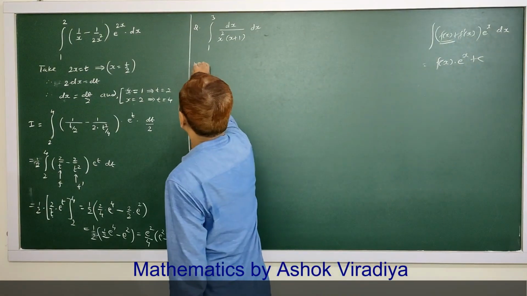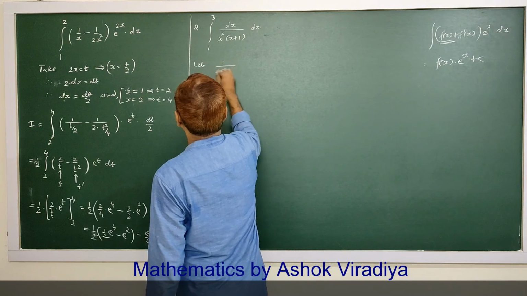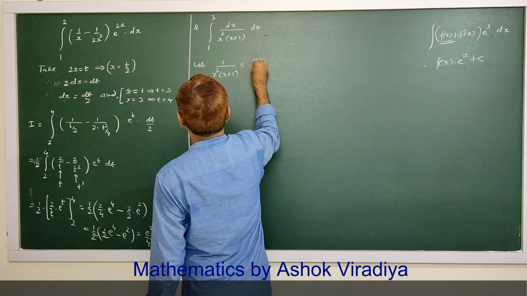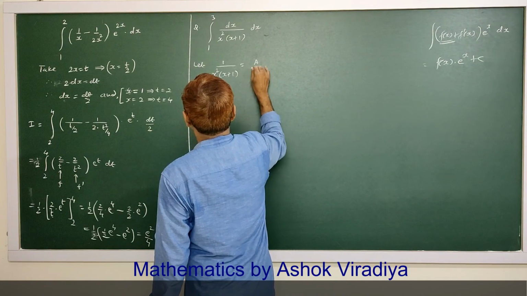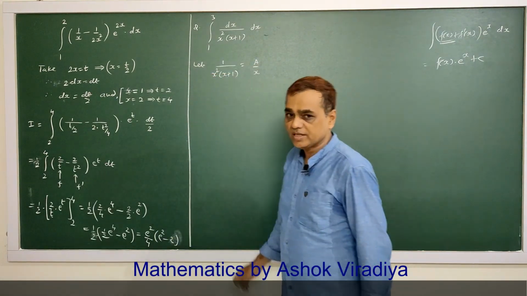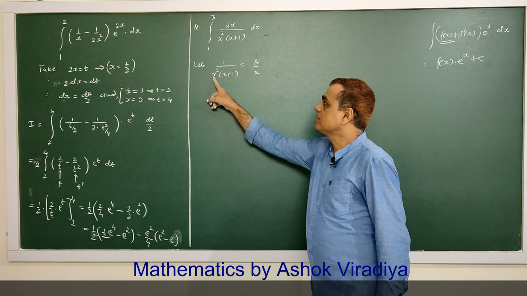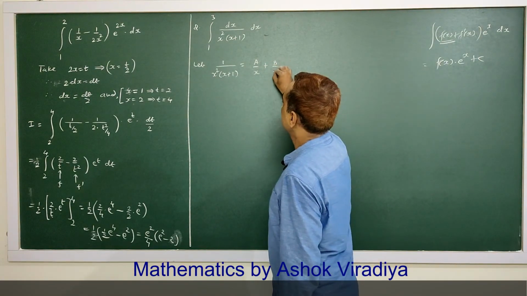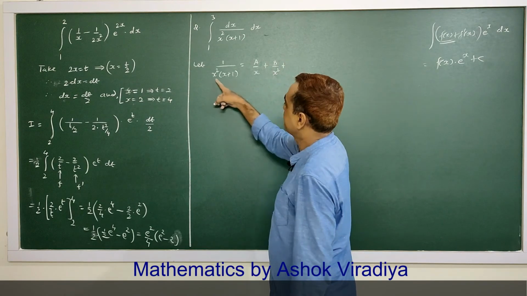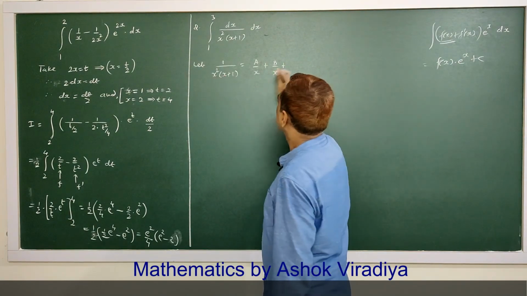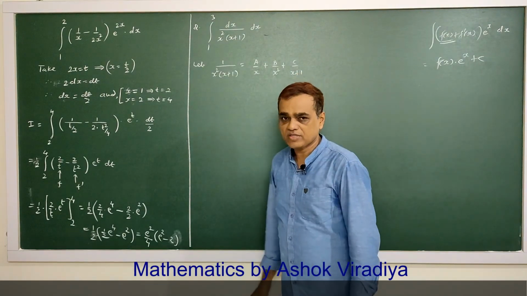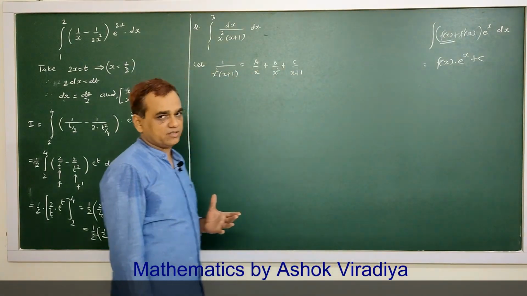So here we take 1 upon x square into x plus 1 as a upon x. See here this is repeating, so a upon x plus b upon x square, because repeating, plus c upon x plus 1, method of partial fractions.